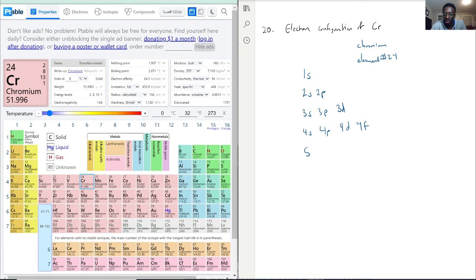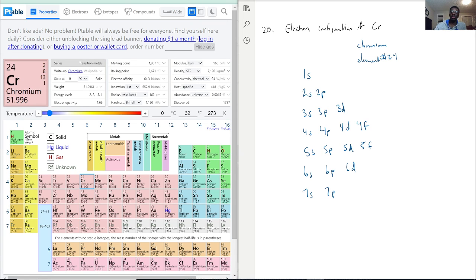Well, actually, we can just go through and do everything else. 5s, 5p, 5d, 5f, 6s, 6p, 6d, 7s, 7p, and there we go. Okay, so the reason why I draw like this is because usually we use an arrow to indicate, or just crossing out that we've crossed it.